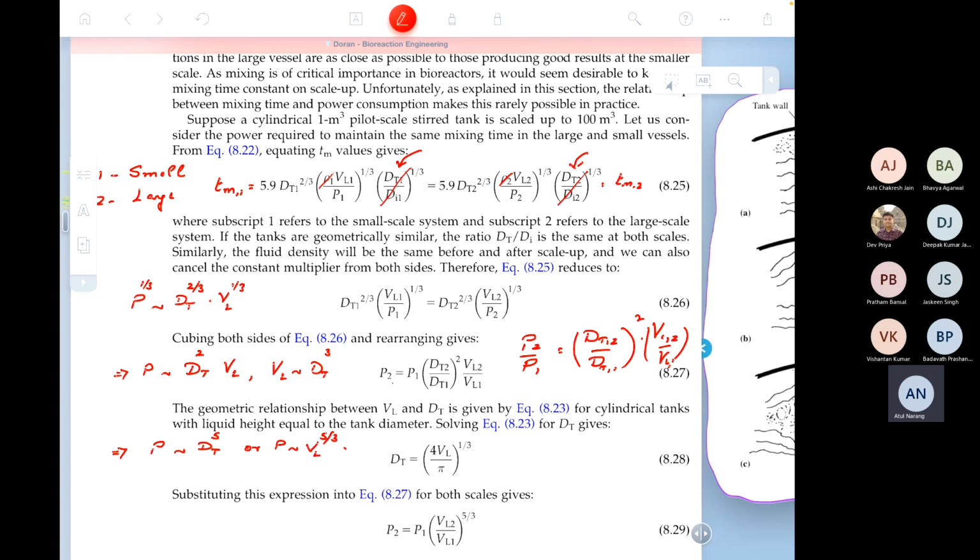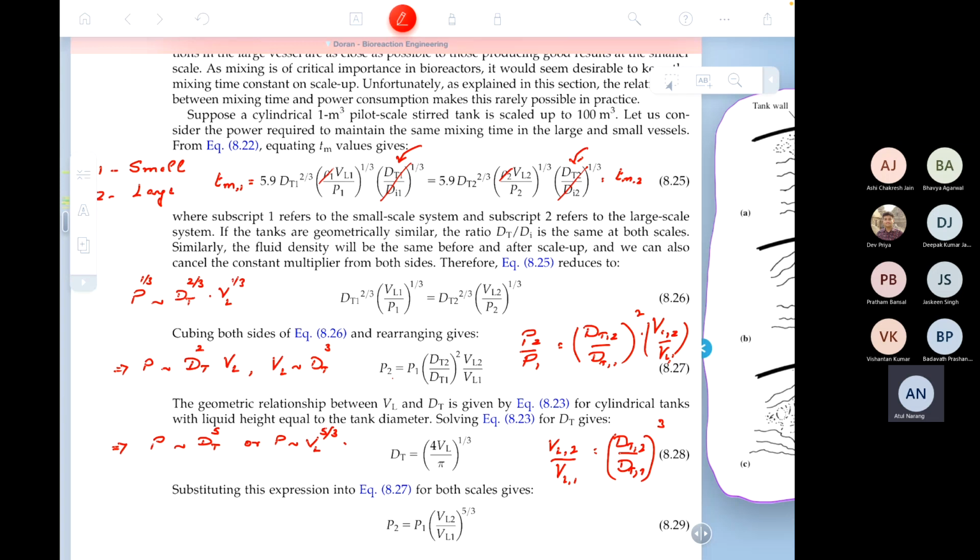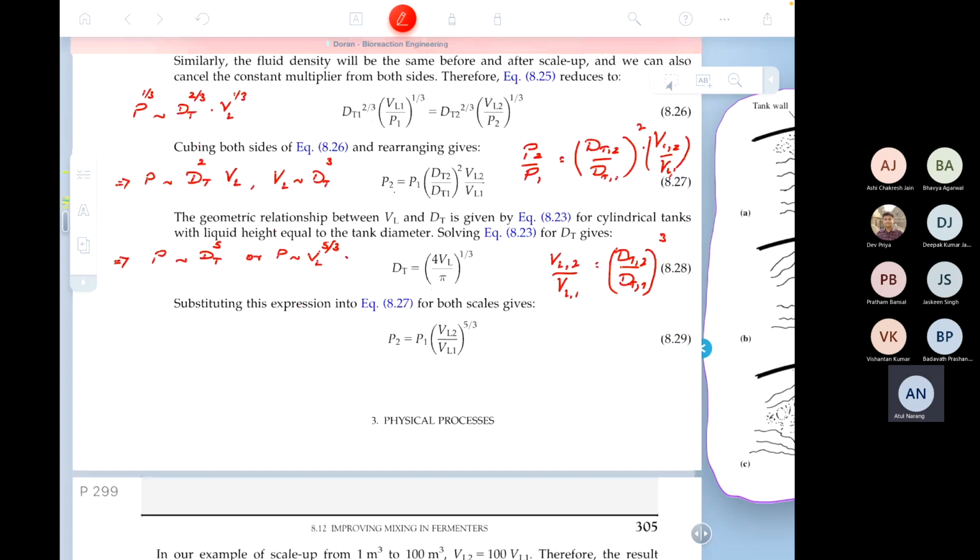Now, another result following from geometric similarity is that VL2 over VL1 is simply dt2 over dt1 cubed if you have geometric similarity, right? And why is that the case? Well, the reason is that every dimension is increasing in the same proportion. It's as simple as that.